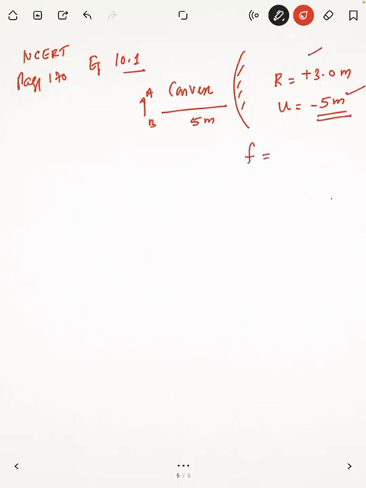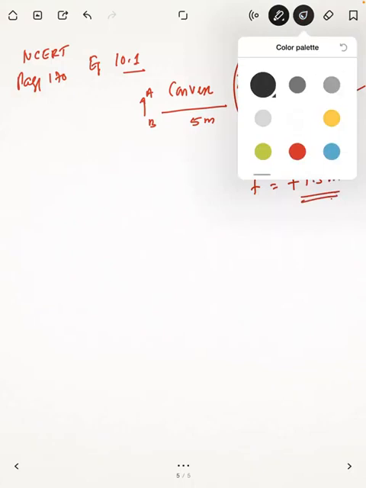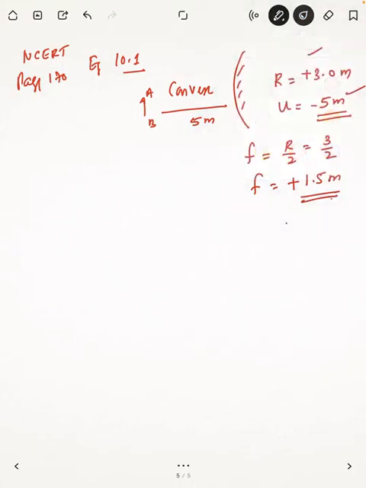So focal length is R by 2, equal to 3 by 2. So F equal to plus 1.5 meter. Why do we write the positive sign? This is because it is convex. For a convex mirror, focal length is positive and radius of curvature is also positive and object distance is negative. And what we want to find out? We have to find out where will be the image and what will be its magnification, about the size.